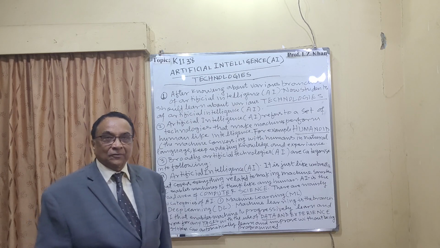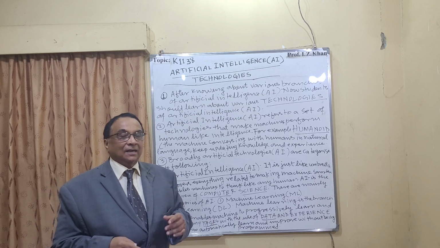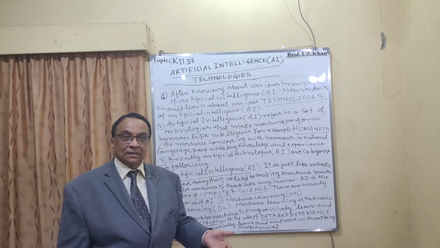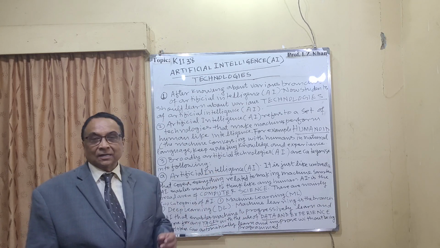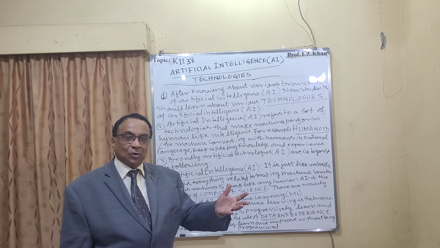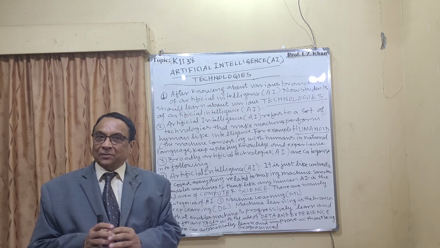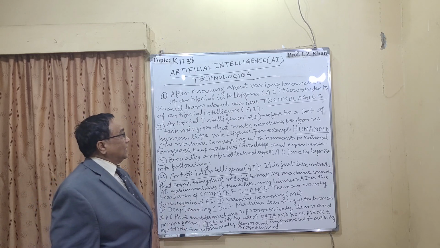If I say various technologies of artificial intelligence, they are subsets: they can be machine learning, deep learning, neural networks, robotics, language programming. They are all subsets under the umbrella of artificial intelligence technologies.